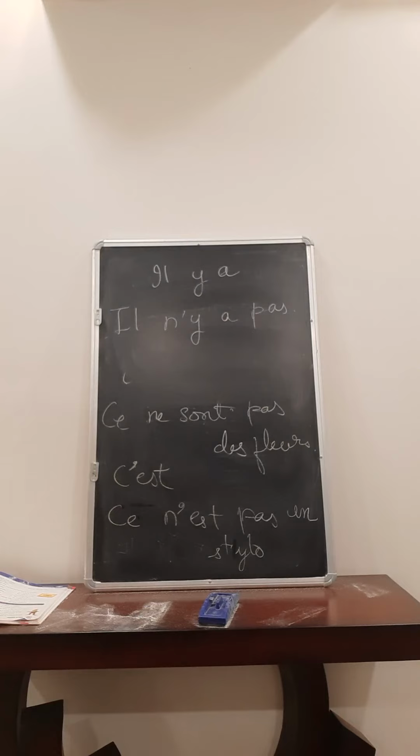This is the right way to negate il y a, because y is a pronoun, and a pronoun always comes between ne and pas. So il y a will be negated like this.